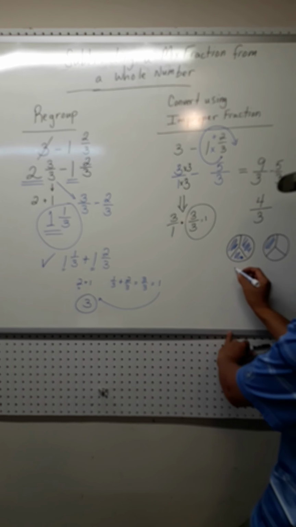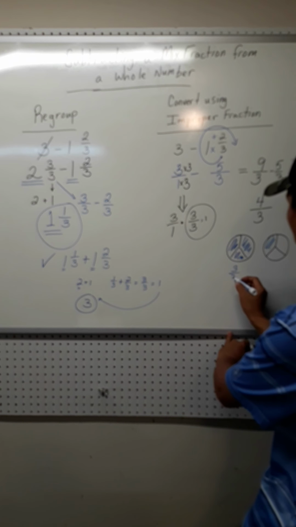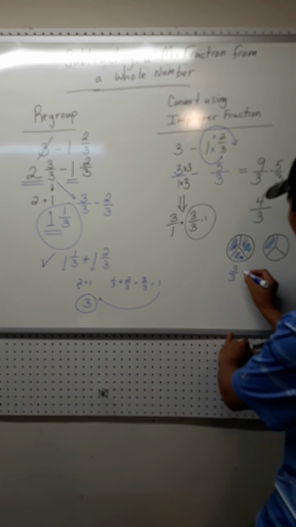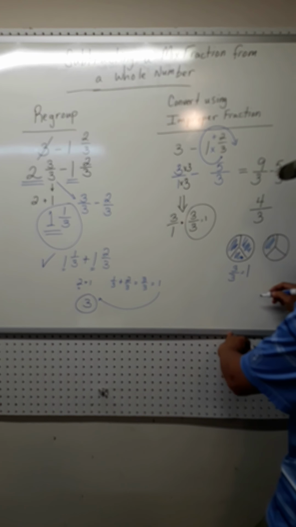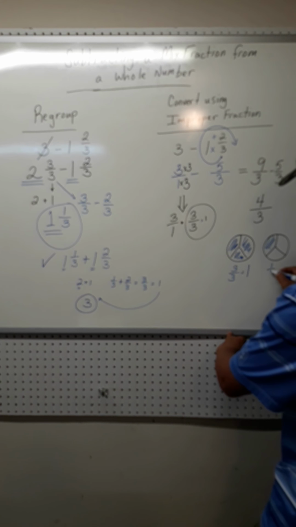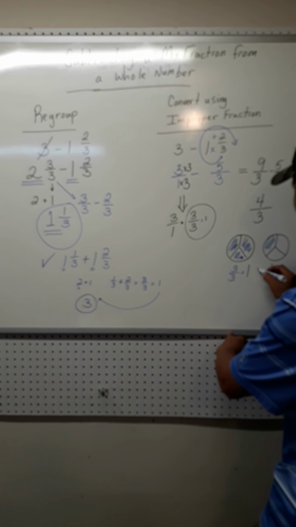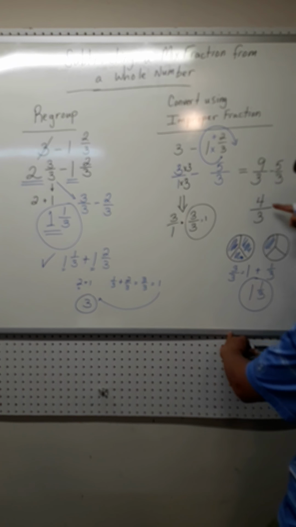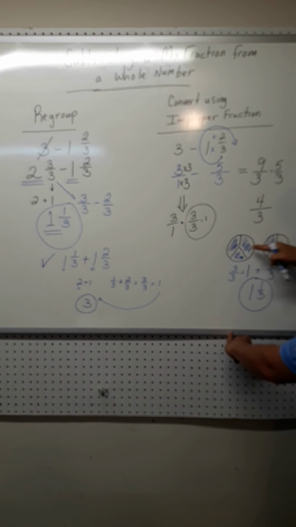Now this becomes 3 over 3, which is equal to 1 whole. And now in this fraction I have 1/3. And if I add these together, I get 1 and 1/3. And that's why this improper fraction looks like this.